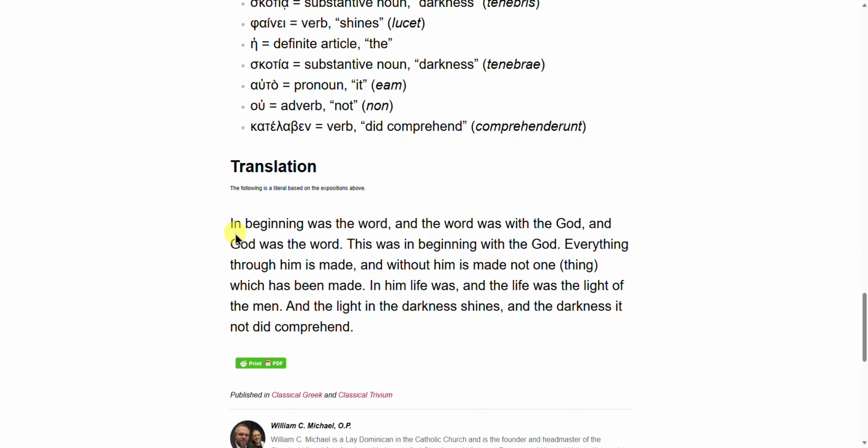In, en, beginning, arche, was, ein, the, ho, word, logos, and so on. And write out the English to Greek translation.